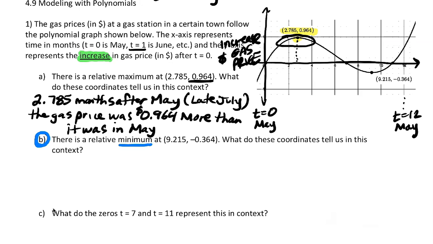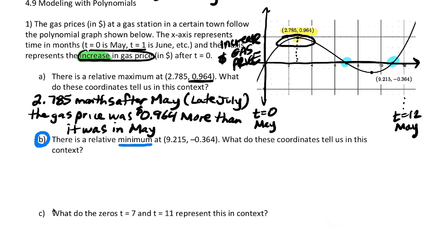What do the zeros, and I'll highlight them for you, what do the zeros at t equals 7, that point right there, and t equals 11 represent in this context? Well, remember that the y-axis is the increase in gas price.